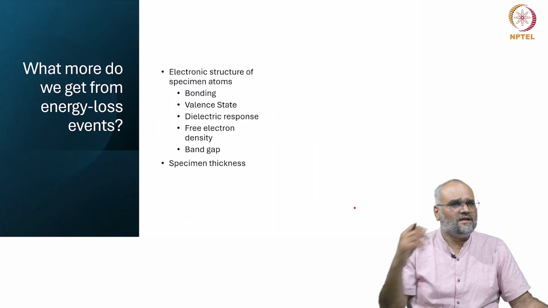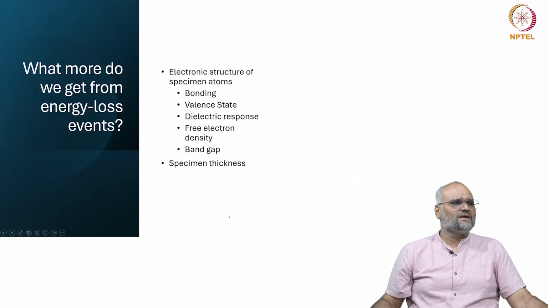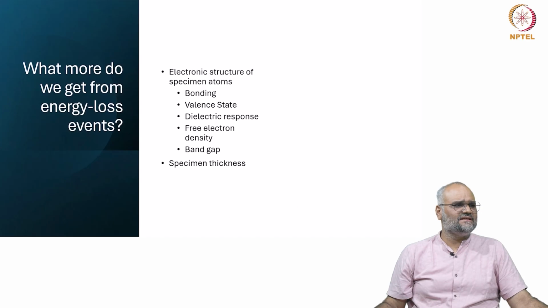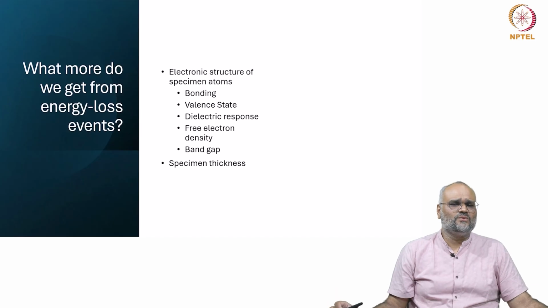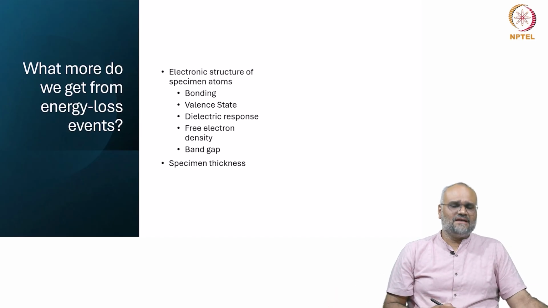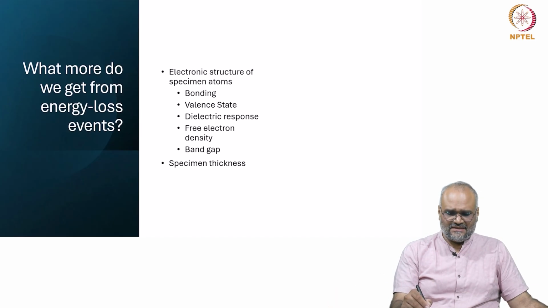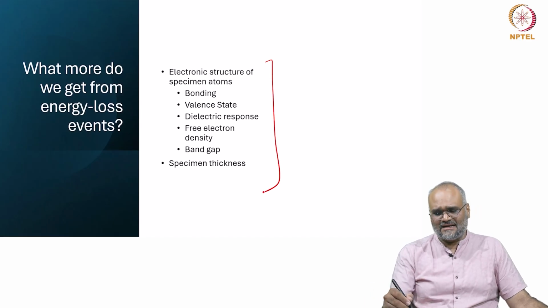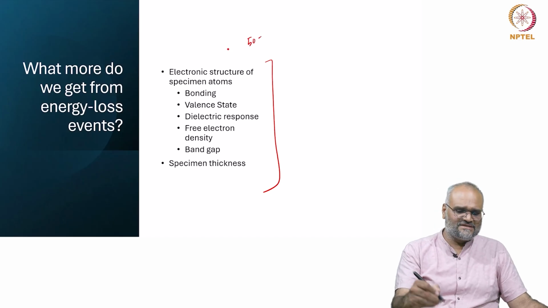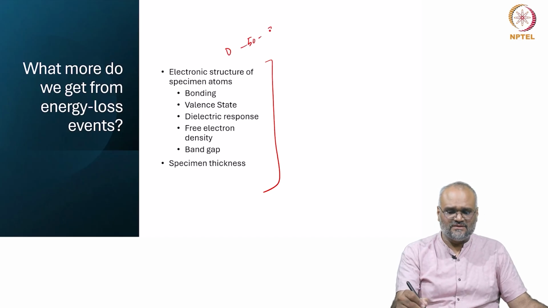So, what kind of information do you get from this inelastically scattered signal? If I have the incoming electrons which are at 200 or 300 kilo electron volts, the inelastically scattered electrons typically range from 0 all the way to 3000 eV.